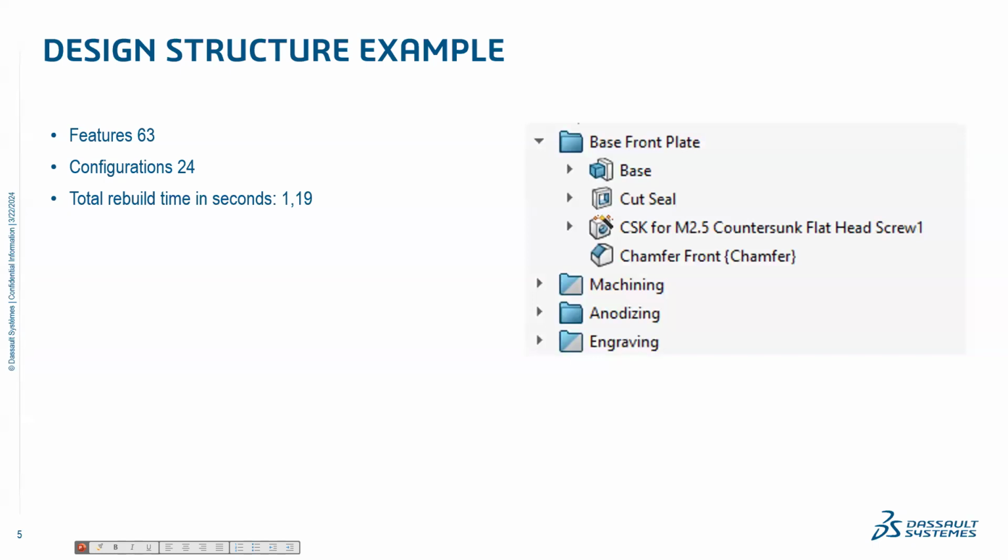Why are we doing all of this? Because if you have a model which is correctly structured with the correct configurations, you can achieve what is in this design structure example. These are absolutely real numbers, which I took from one of my designs. The model has 63 features, 24 configurations, and it has a total rebuild time 1.2 seconds.